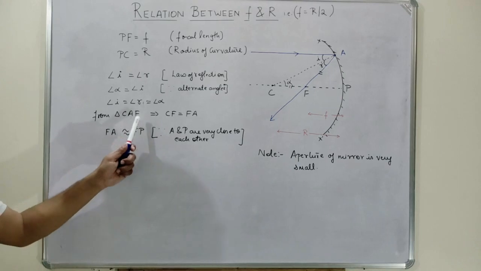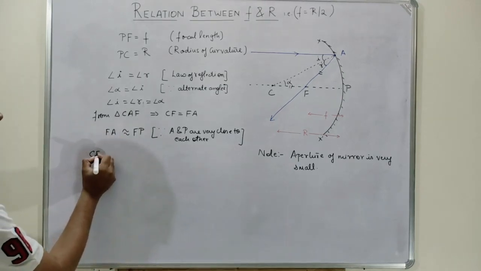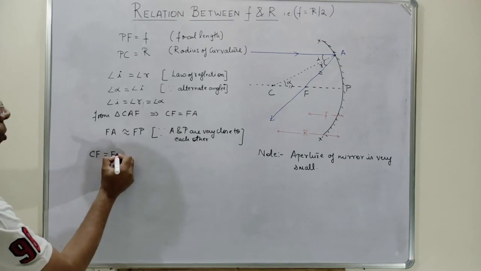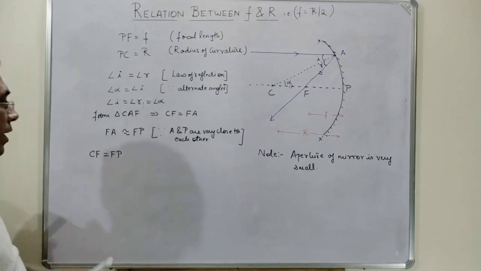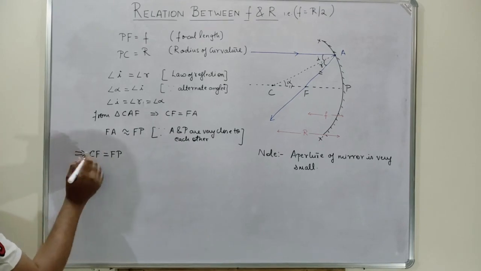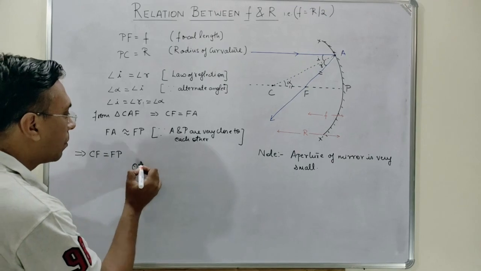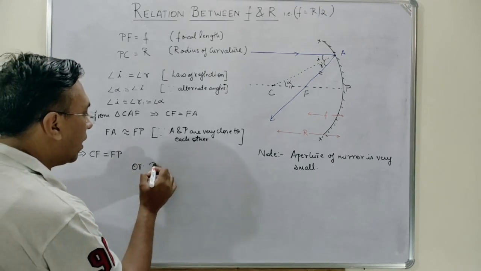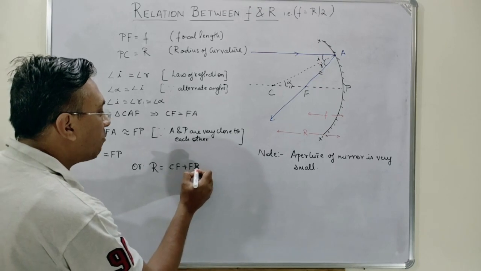Now from these two relations, we can conclude that CF equals FP, because CF equals FA and FA equals FP. So we can conclude that CF equals FP, or we can say that R is nothing but CF plus FP.